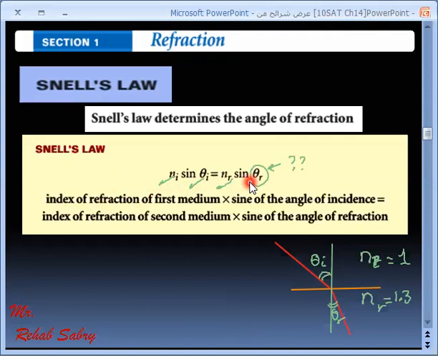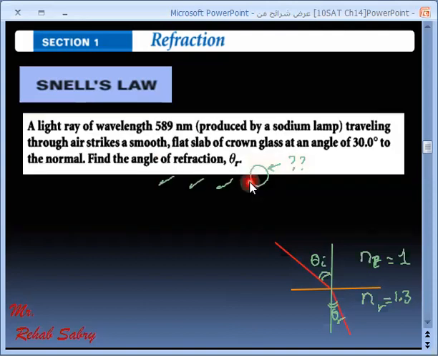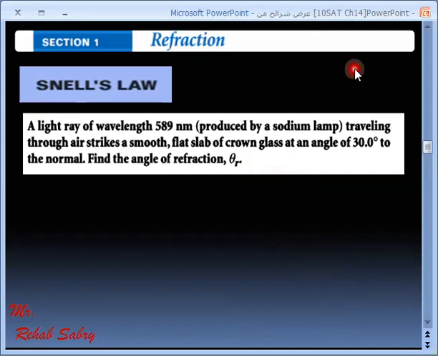To make it clear, let's have this example. A light ray of wavelength 589 nm, where nm means nanometer, produced by a sodium lamp.